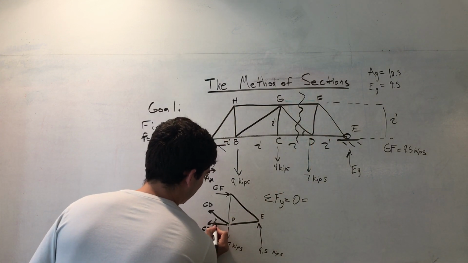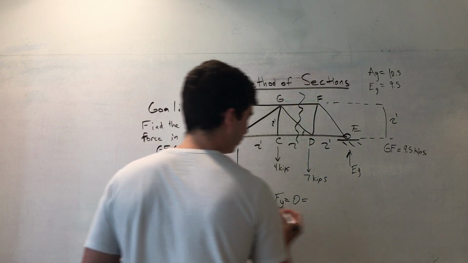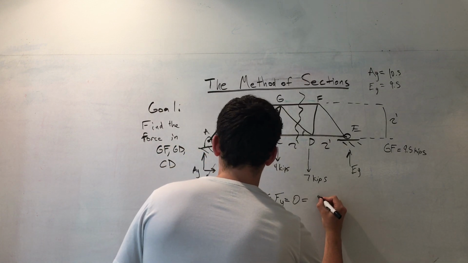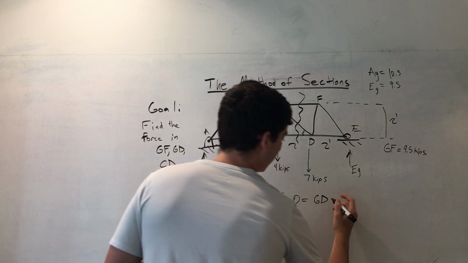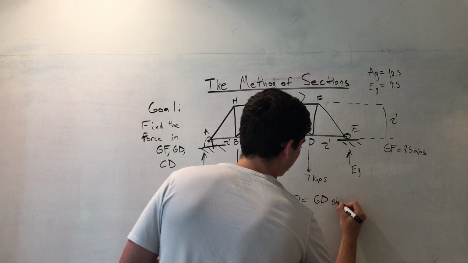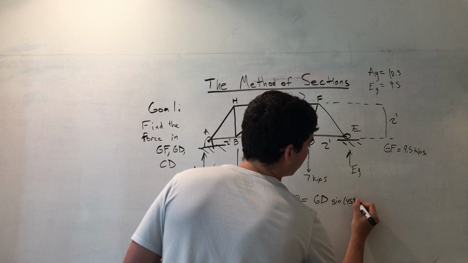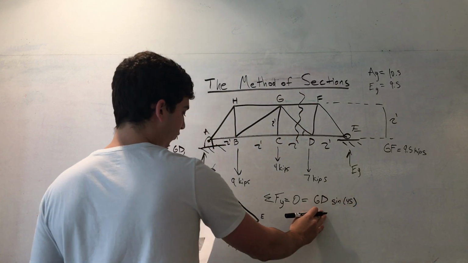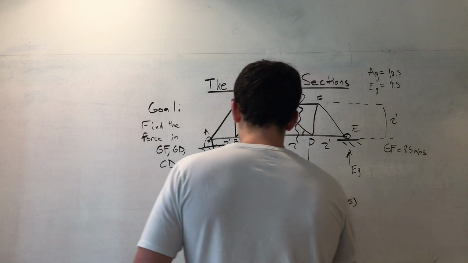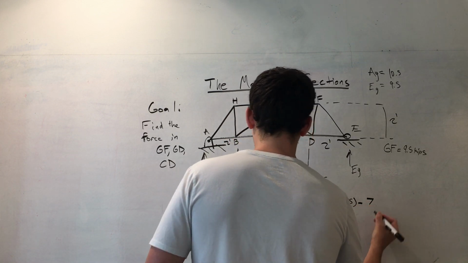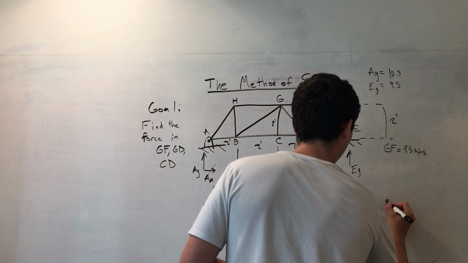I'll put that right here, 45 degrees, and we want GD sine of 45 because we want the Y component of the GD force. And then minus 7 plus 9.5.